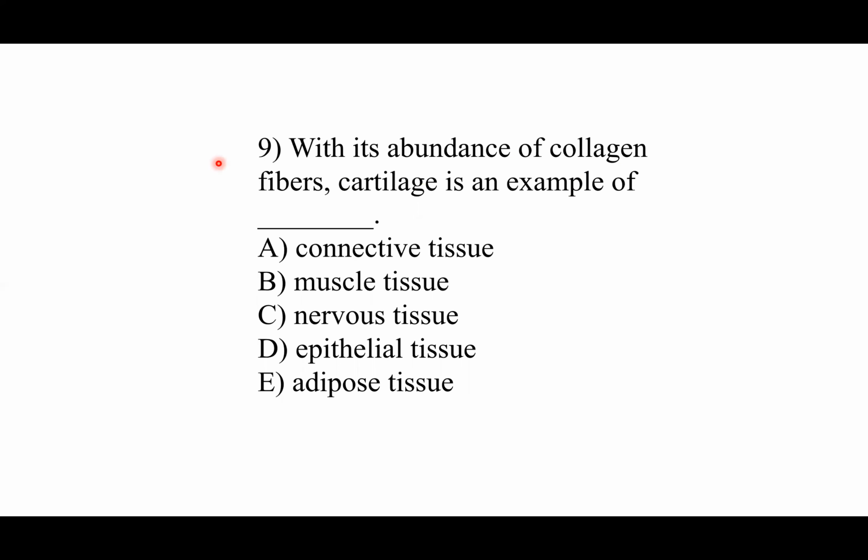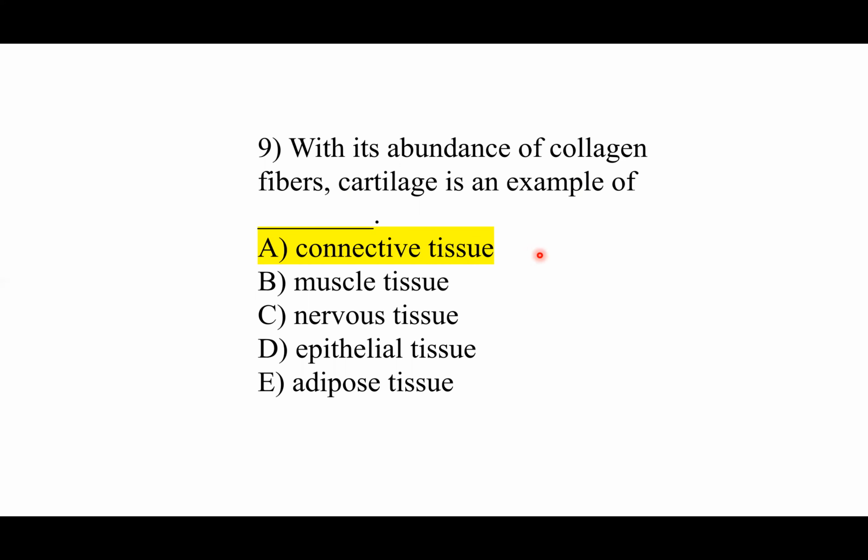Number 9, with its abundance of collagen fibers, cartilage is an example of A, connective tissue. Yeah, so we talked about how collagen can be a fiber in the extracellular matrix. So we're talking about dense connective tissue here, where the collagen fiber is dominant.